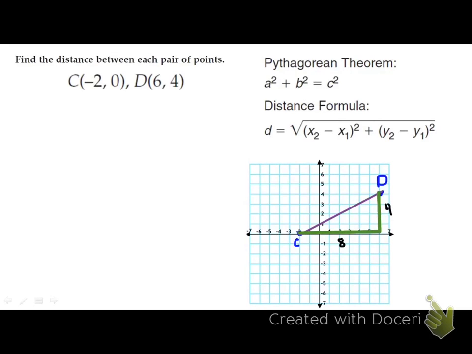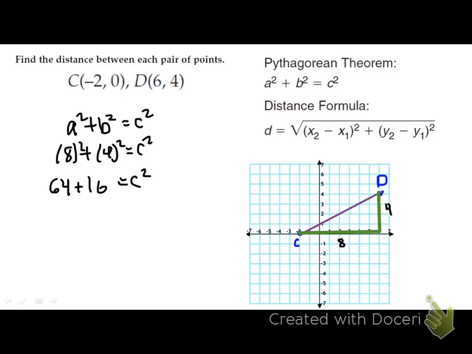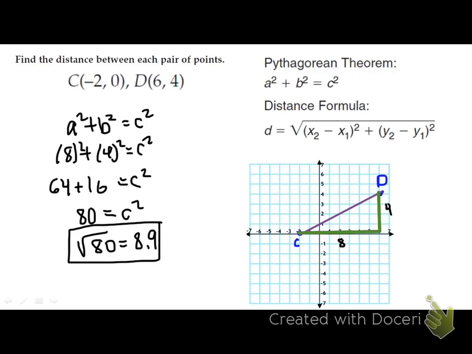Eight and 4. Plugging it in. Square root of 80. So we got 8.9 for the decimal.